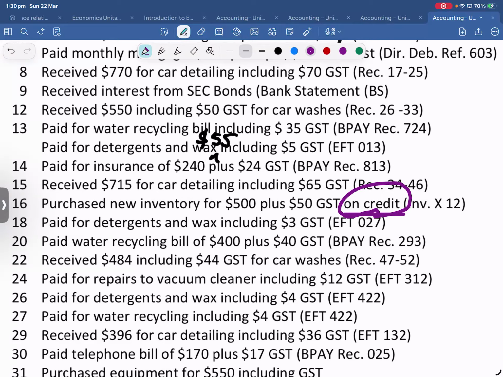So our bank is paying for us. Later we have to pay the bank. So remember, where we identify whether it's a credit transaction or cash transaction is whether the seller receives money or not.